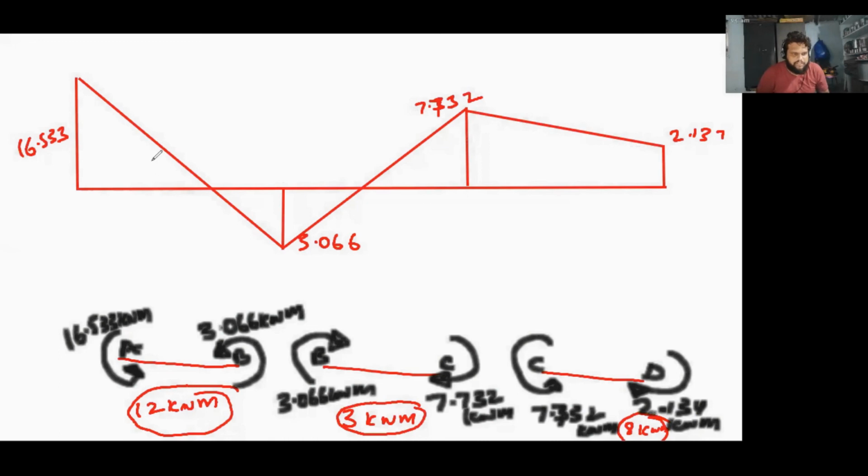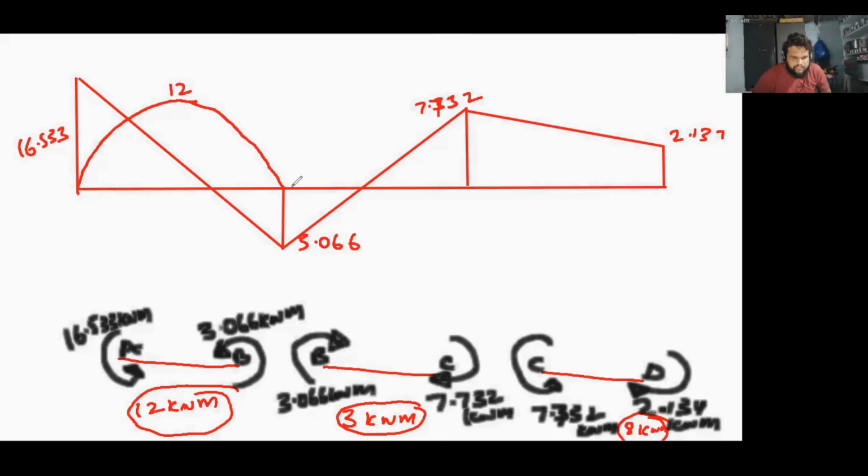Okay, similarly the first span is UDL. How much it is? This is some 12. Okay, so please draw exactly parabola, don't draw like me. All right, next one is also parabola, but what is this height? This total height is 12 kilonewton meter.